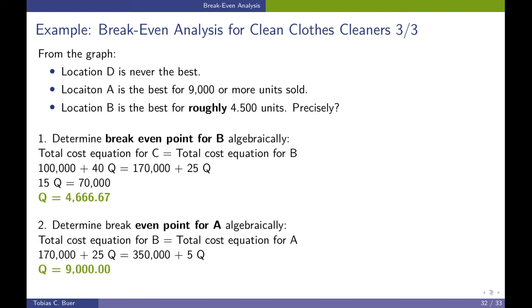So depending on how sure we are that we can sell 10,000 units, we can choose our location. When we are very clear that we will sell 10,000 or even more, then of course we should go for A. But if we are not very clear about this and are a little bit more cautious, then maybe B might be the better location if we think that our sales quantity is somewhere between 4,600 and 9,000 units.